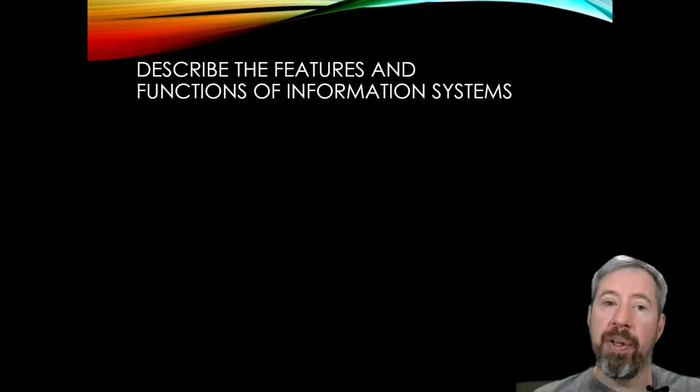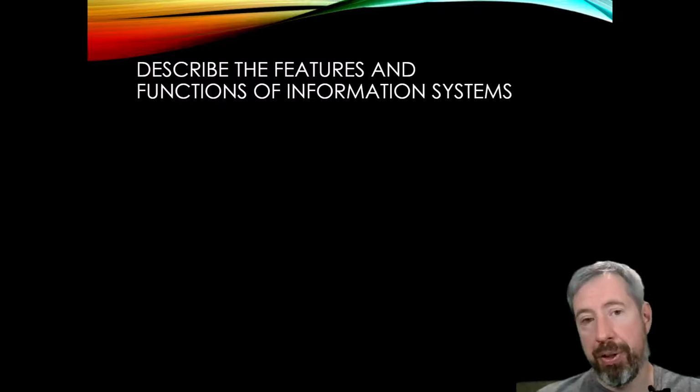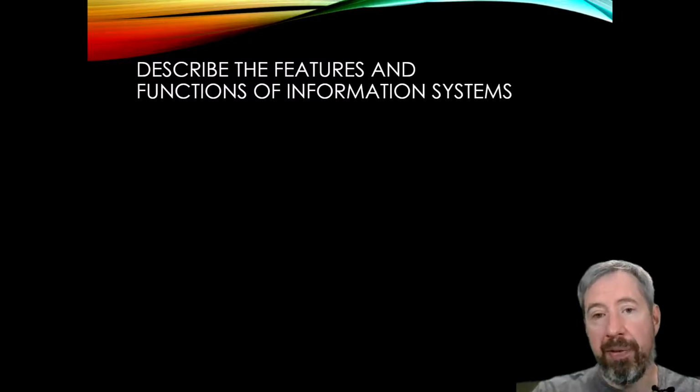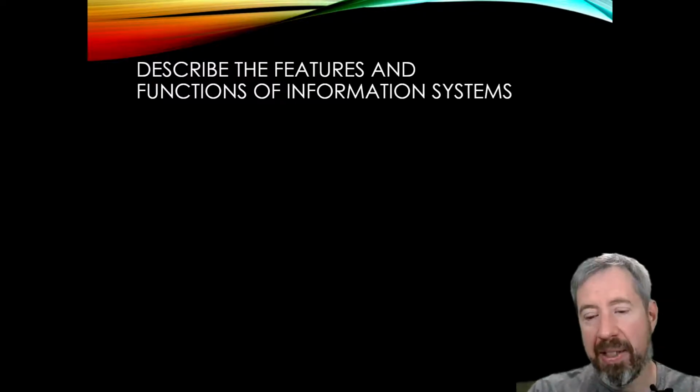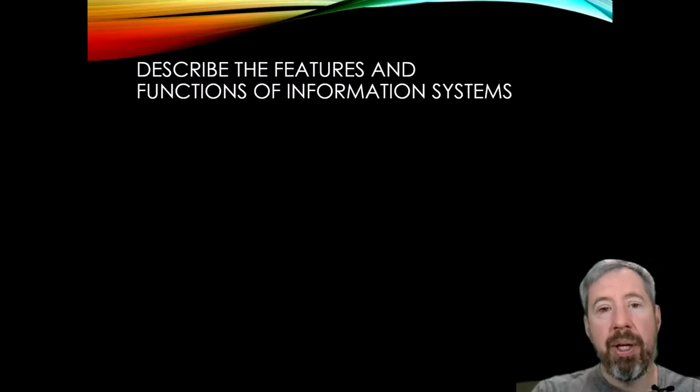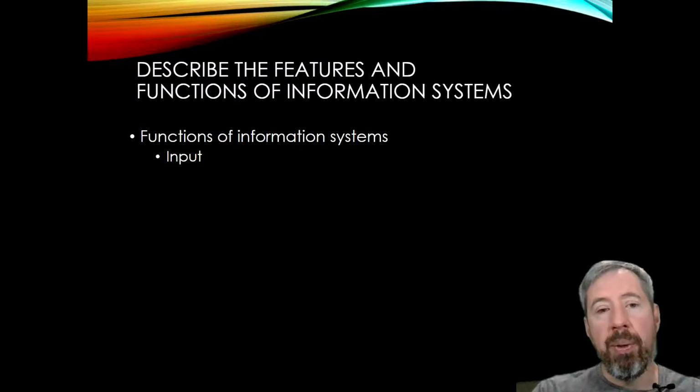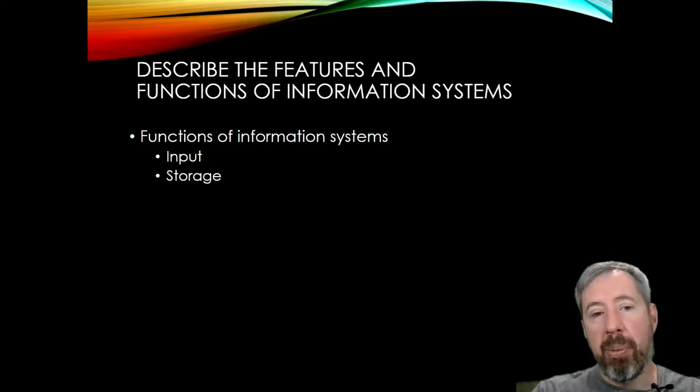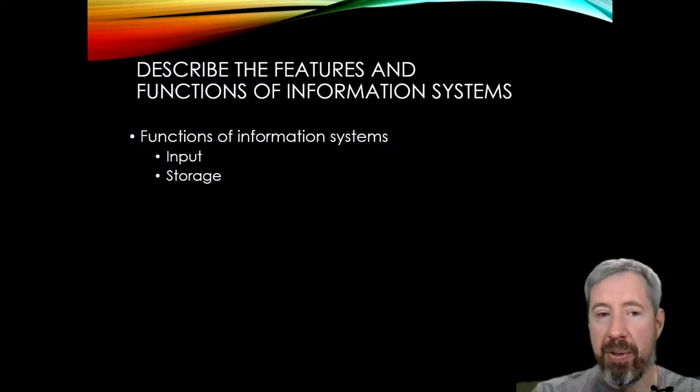So P4 is about the features and functions of an information system, and I'll describe what an information system is as we go through it. Let's look at the functions. So we've got input and storage. Data is input into the system and it's stored.